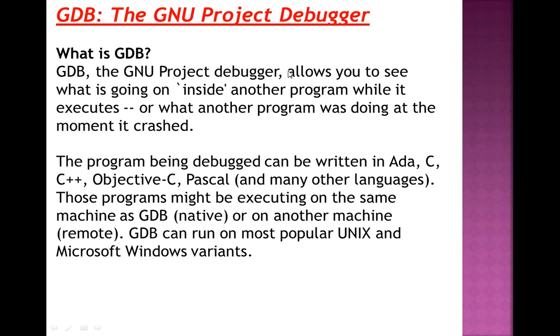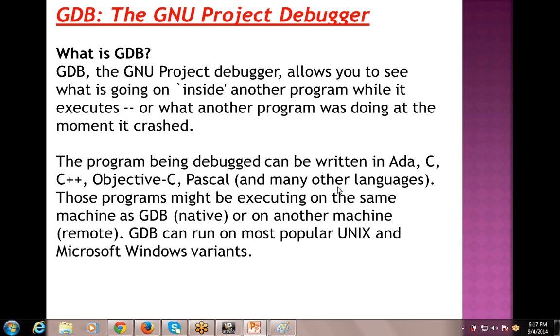GDB allows you to see what is going on inside another program while it executes, or what another program was doing at the moment it crashed. That means you can find out what was wrong inside the program, what the problem was at the moment it crashed.